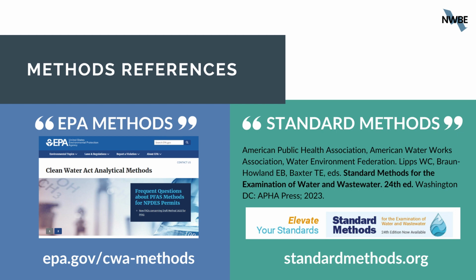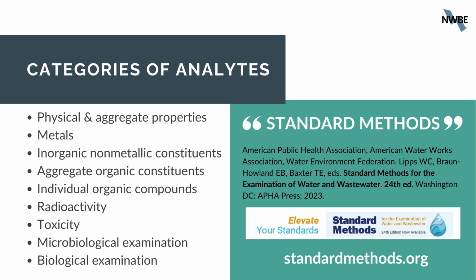The latest version of standard methods, by the way, is the 24th edition, published in 2023. And it is a joint publication by the American Public Health Association, the American Water Works Association, and us, the Water Environment Federation. Standard methods has many chapters, with each chapter covering a class of methods as listed here.